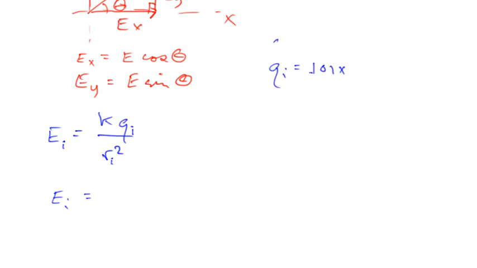0.101 times, I'm going to write this down as given, 0.101 times 10 to the minus 6 coulombs minus 0.1 times 10 to the minus 6 coulombs per meter times x.